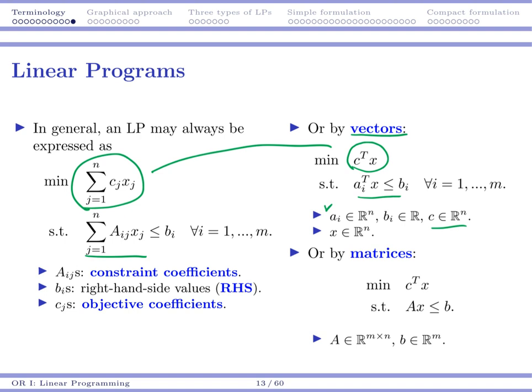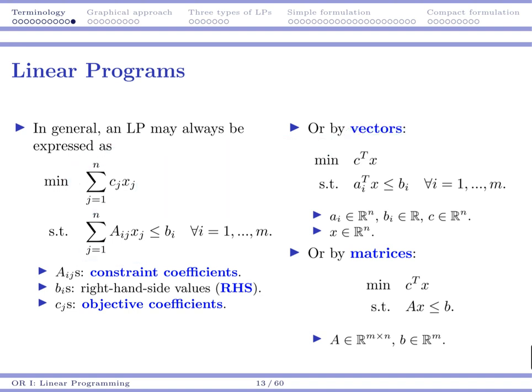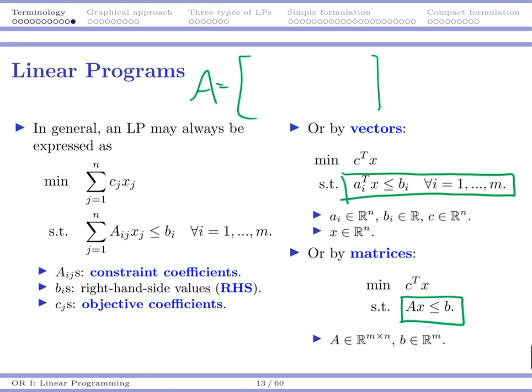So lastly, if you don't just like vectors, you even like matrices, this particular set of constraints may be expressed in this way. In this case, your A is really a collection of a11, a12, a13, a14, and a21, a22, a23, a24, and so on. Suppose we only have these 8 numbers.